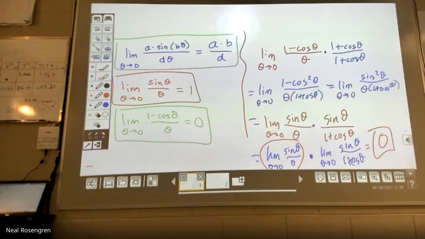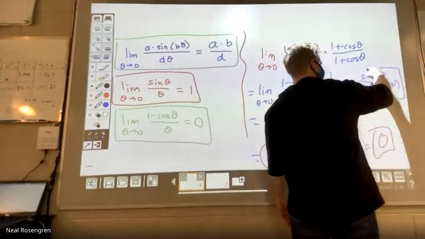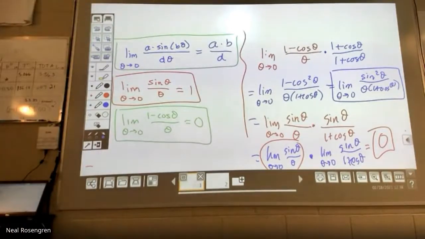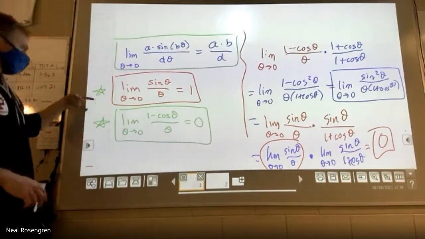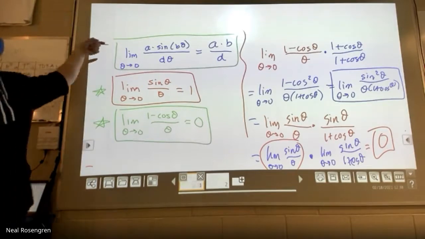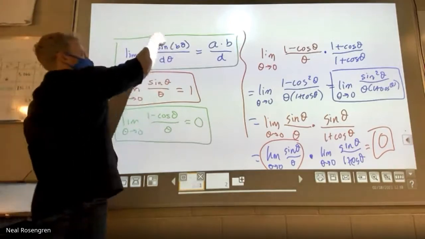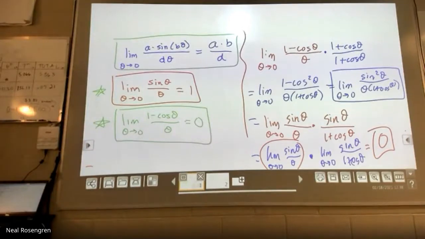When I go from this line right here, with sine squared of theta over theta, 1 plus cosine of theta, this is a little sloppy from the second period, but the idea was to search for one of these two, or really any of these three. This is just what I multiply out, right? Oh, I have sine of theta over theta, but there are multiple numbers being multiplied in. Fine, just multiply the numbers and don't worry about anything else because that limit is just 1.